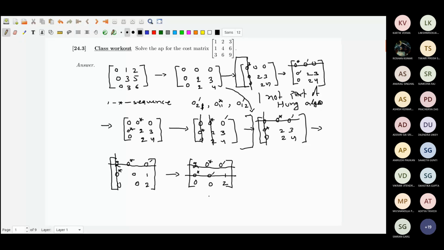Now you put a prime over here in the 3rd place, the same matrix, 2, 0 star, 0 prime, 0 star, 0 prime, 1, 0 prime, one more prime you give.